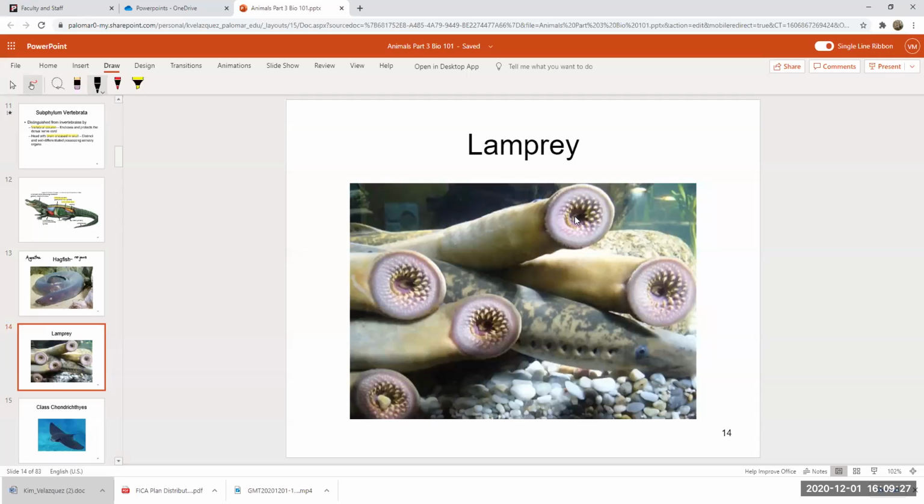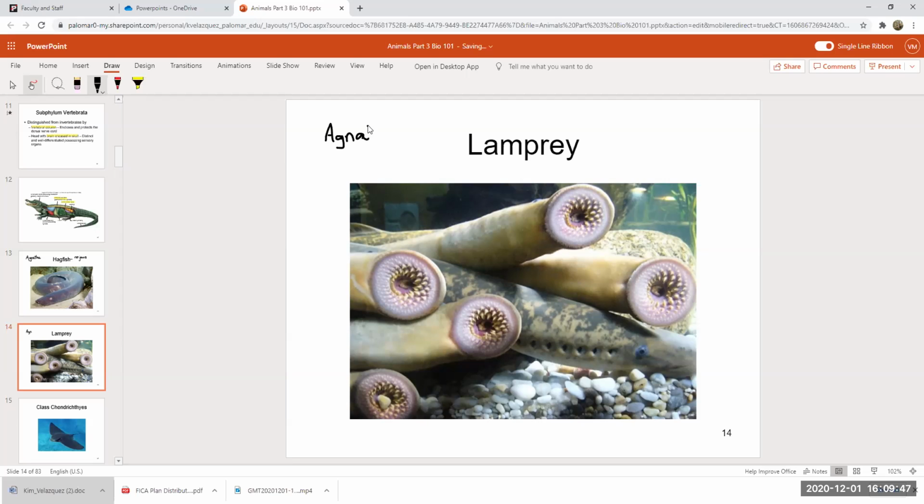They have a rasping tongue that can help open the side of the fish, and they suck on the blood of the fish. So these also used to be Agnatha, and that classification has changed slightly, but we'll still refer to these as the jawless fish.